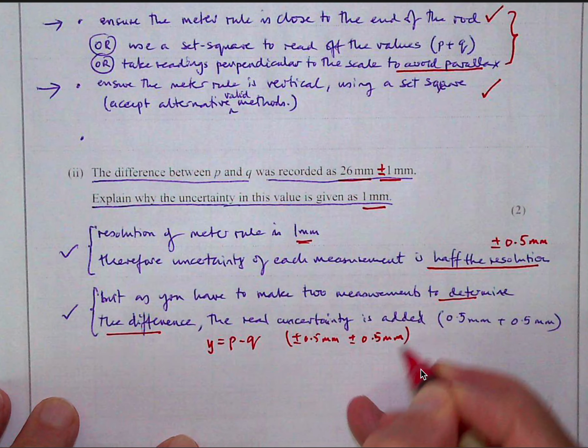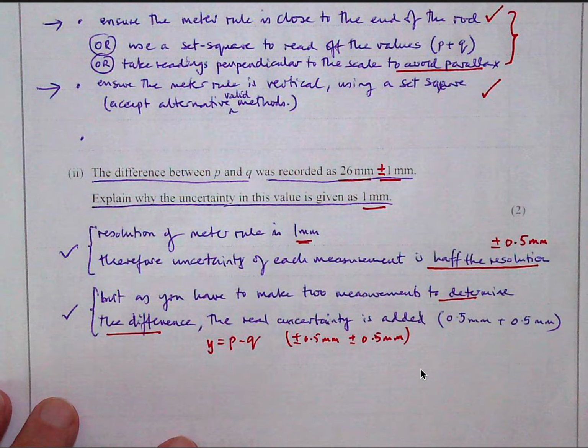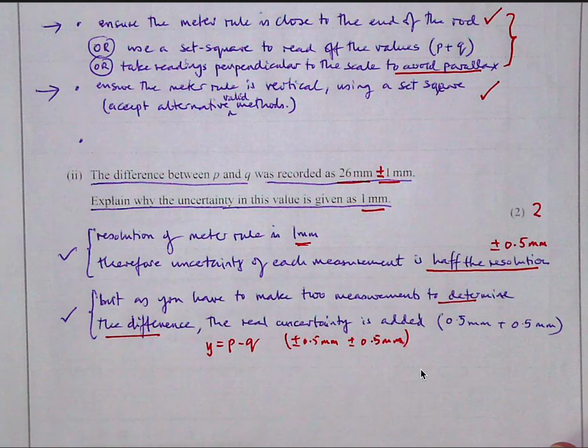So that means it could be plus or minus 1 millimeter in total. So that's the justification of why it's given as 1 millimeter. Okay? When you're adding two values, you add the real uncertainty if they're in the same unit.